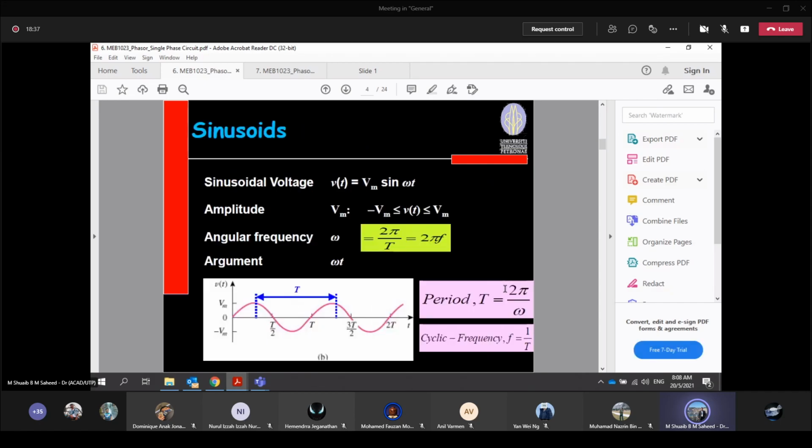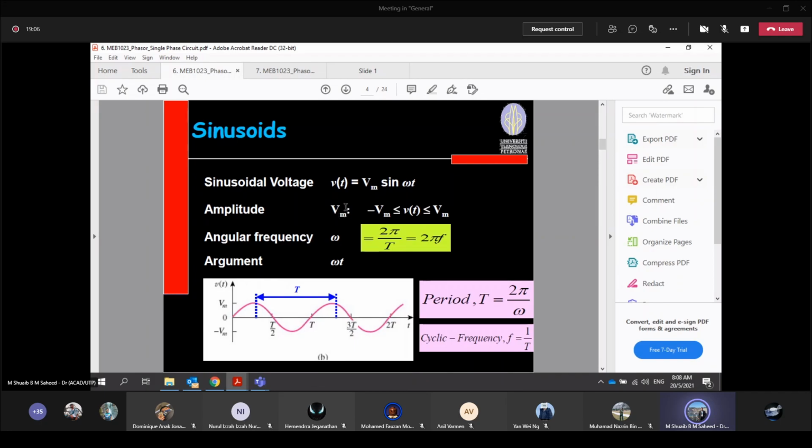Sinusoids. Sinusoids come in a sinusoidal wave, in periodic cycles. Usually they are expressed in this format: v(t), voltage as a function of time, equals Vm, the amplitude, sine omega t. Omega is the angular frequency.